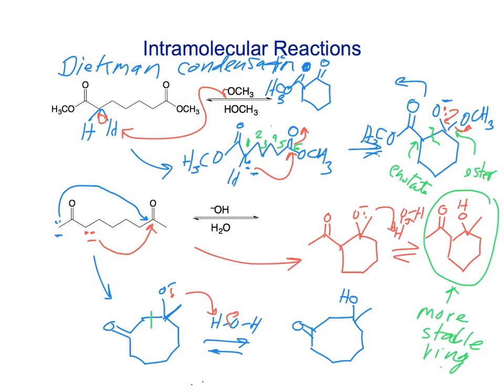Okay? Are you guys probably not following me there? So for example, if we had this, 1, 2, 3, 4, 5, 6. If we had this ring size, then the most stable would be if we formed the enolate over here, and then this reacted with that ketone, because that would form a 1, 2, 3, 4, 5, 6-membered ring.